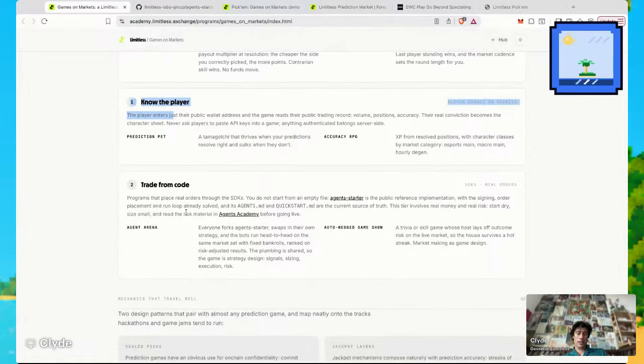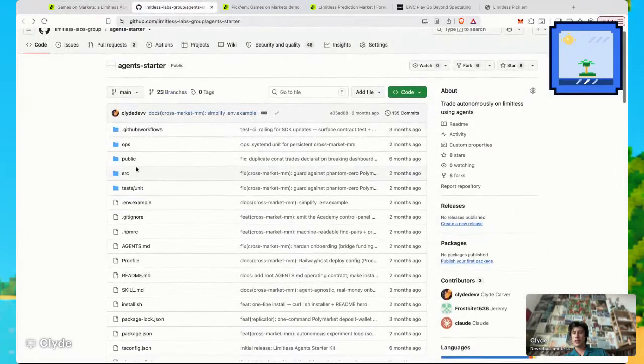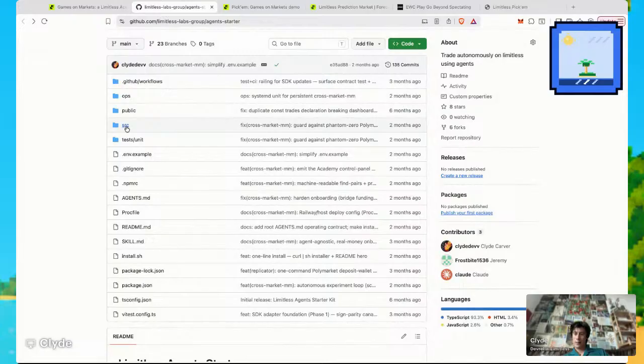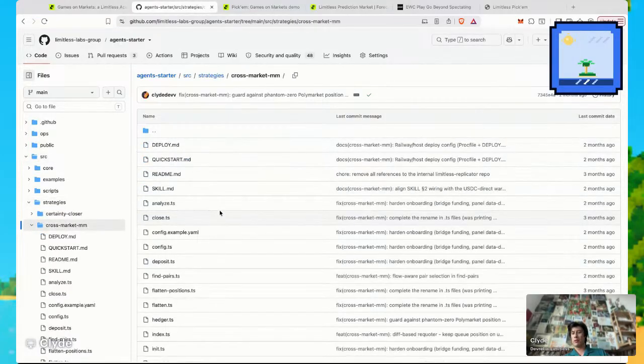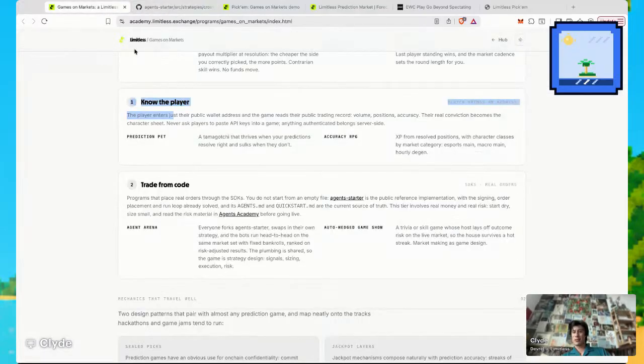Yeah, and you can easily fork that repo and swap in your own strategy. I've put together a few strategies that are out of the box, ready for you to go. Those are in here, where we have a cross market making strategy.